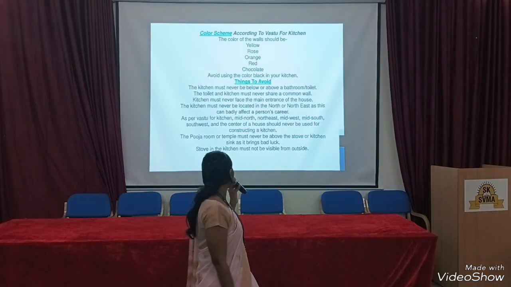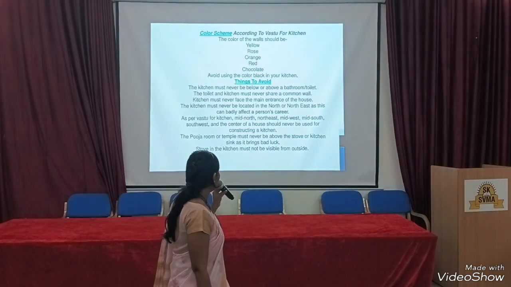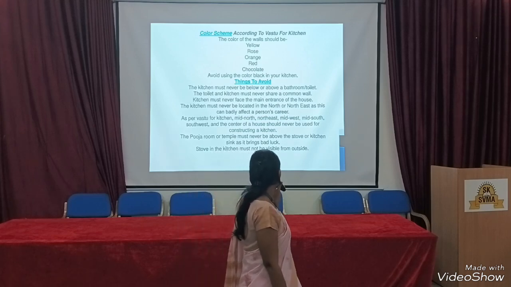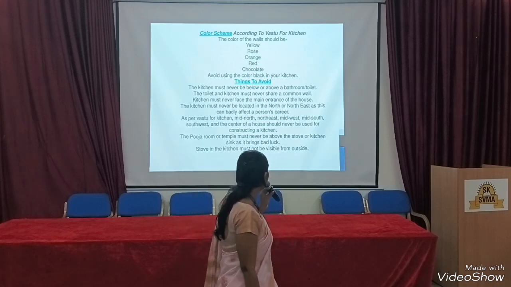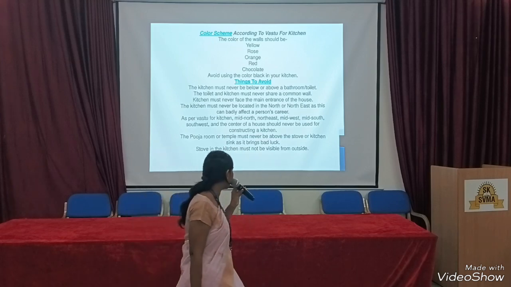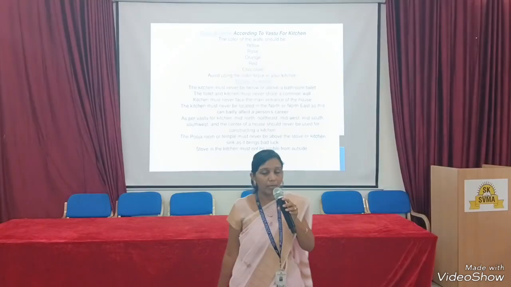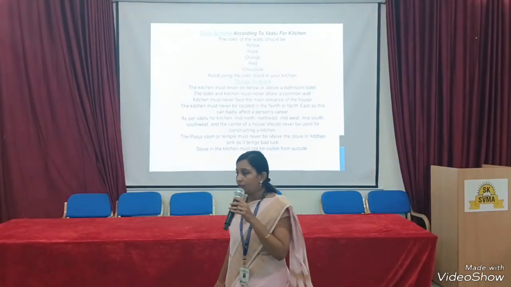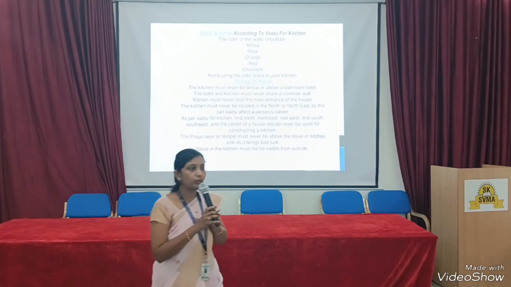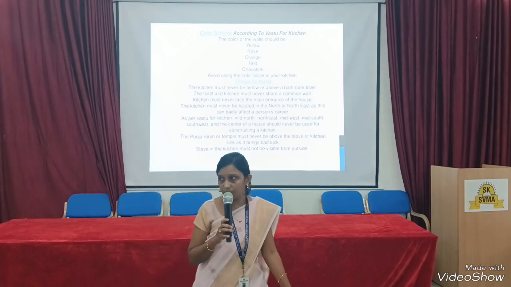And the next one, kitchen direction, it is mentioned. I already told that the puja room or temple must never be above the stove or kitchen sink, as it brings bad luck. What does it mean? Nowadays we are constructing the puja room inside the kitchen only.